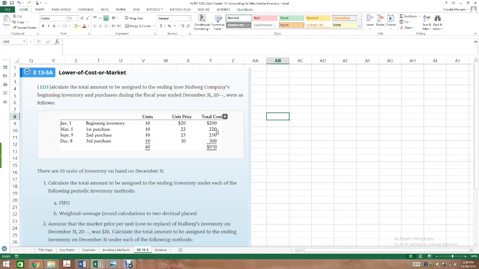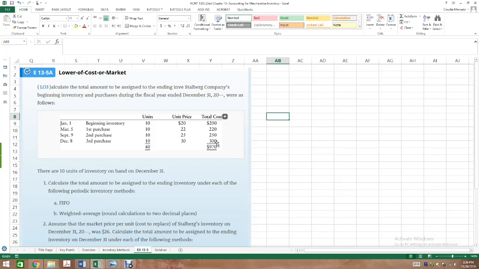That's $220. On September the 9th, we made our second purchase. We purchased 10 more units at $25 each for a cost of $250. If you notice, the unit price is increasing. And then finally, on December the 8th, we made our third purchase. We bought 10 more units at $30.